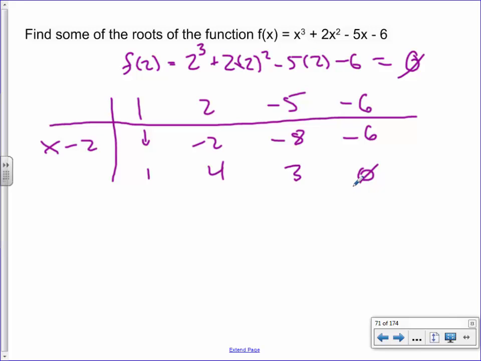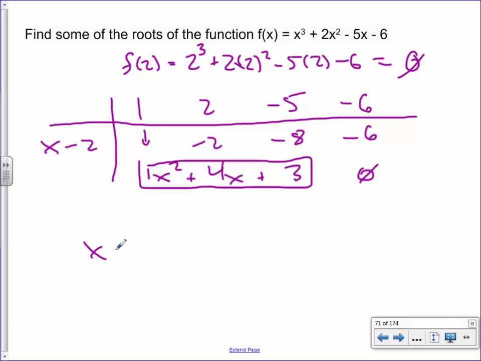Why did I just go through this whole process of dividing? It's because I need this. I did all of that for this. Now I know what the rest of it is. So here's how I can write it: x minus 2 times x squared plus 4x plus 3.